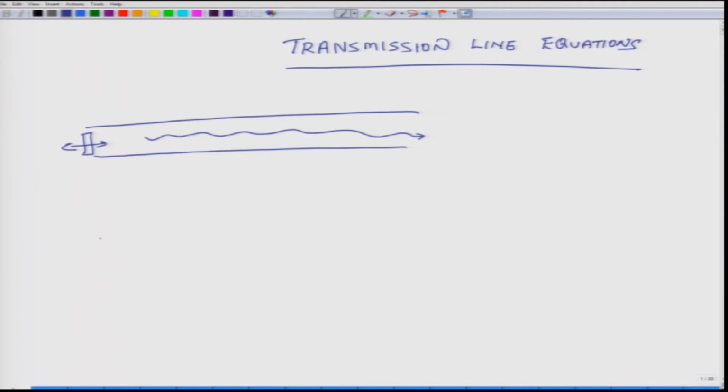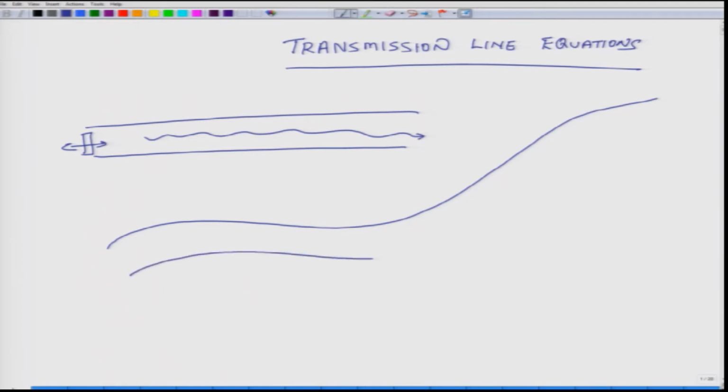Another example could be a waveguide. A waveguide is essentially a similar tube, but it could be a little bit curved, but the cross sectional area remains uniform, and if sound enters at one end of the tube, its path is parallel to the length of the tube, and this also I can figure out using transmission line equations.